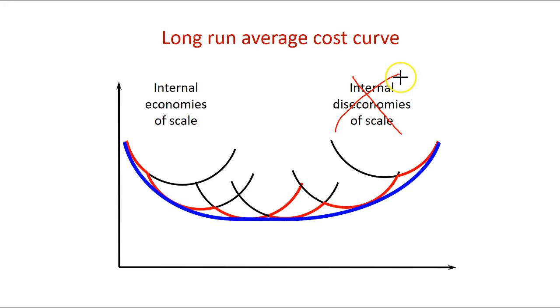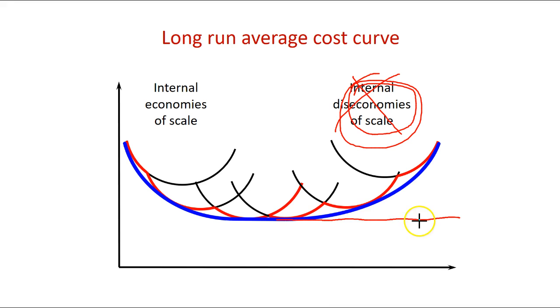So some economists argue that this is really a theoretical fiction in many cases, in which case the long-run average cost curve would become flat. It would just keep going along this way. This would be the long-run average cost curve. Okay, that'll do for now.